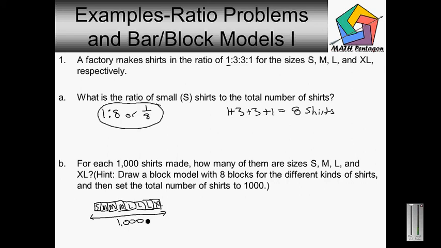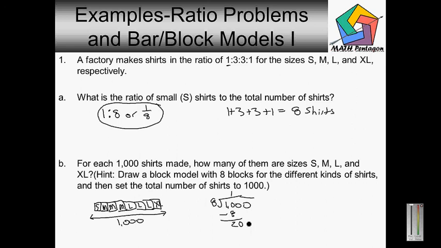Now to figure out 1 block, we must divide 1,000 by 8. So we have to divide, and we write it out like this. 8 goes into 10 1 time. 8 times 1 is 8. So 10 minus 8 is 2.